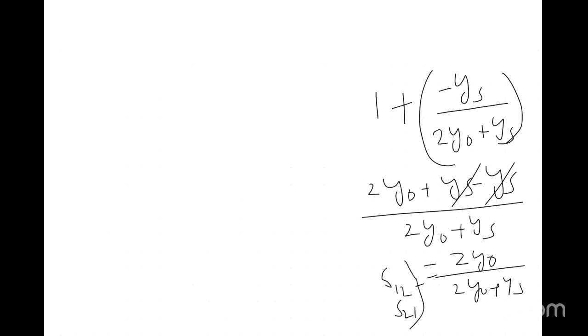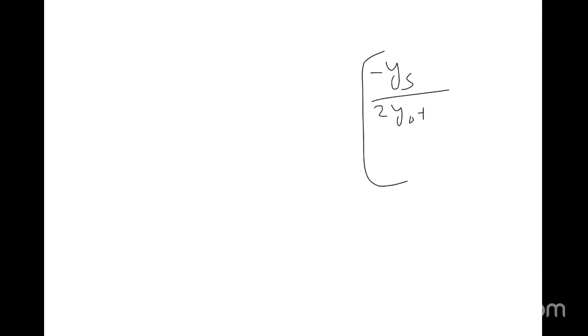So we calculated four values for the shunt impedance: S11, S12, S21, and S22. Now, in a similar way, we will see the series element in the transmission line. After calculating the four, we have to represent the final S matrix. S11 is minus Ys by 2Y0 plus Ys.